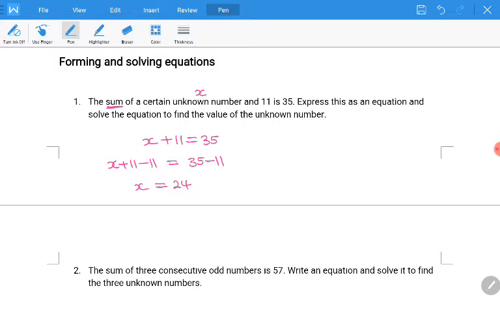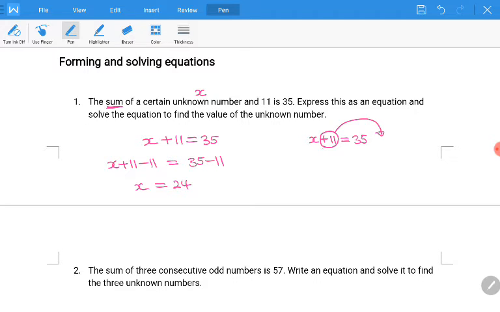This is one way we can do it, or we can have it this way. x plus 11 is equal to 35. In solving an equation, there's a rule that if this positive 11 skips the equal sign coming this side, it will change sign.